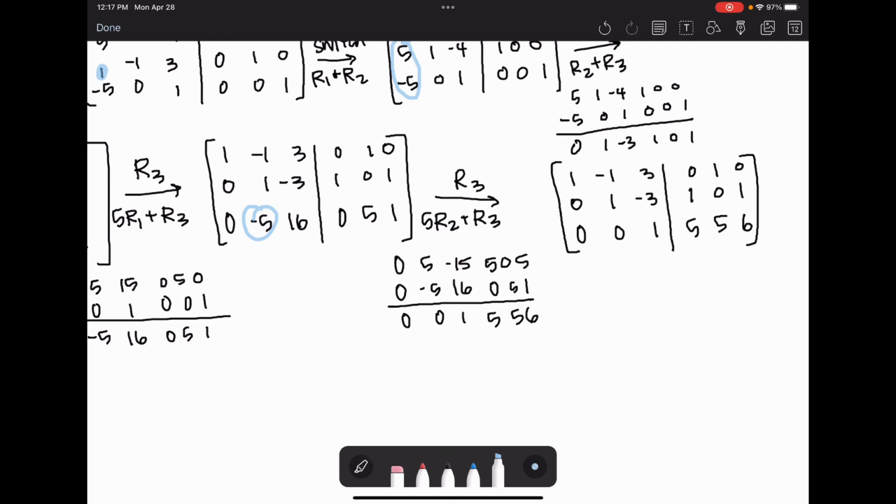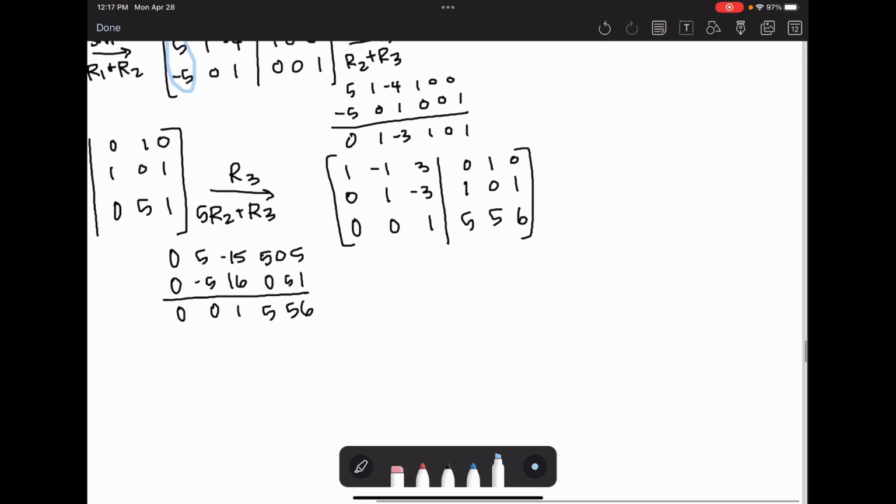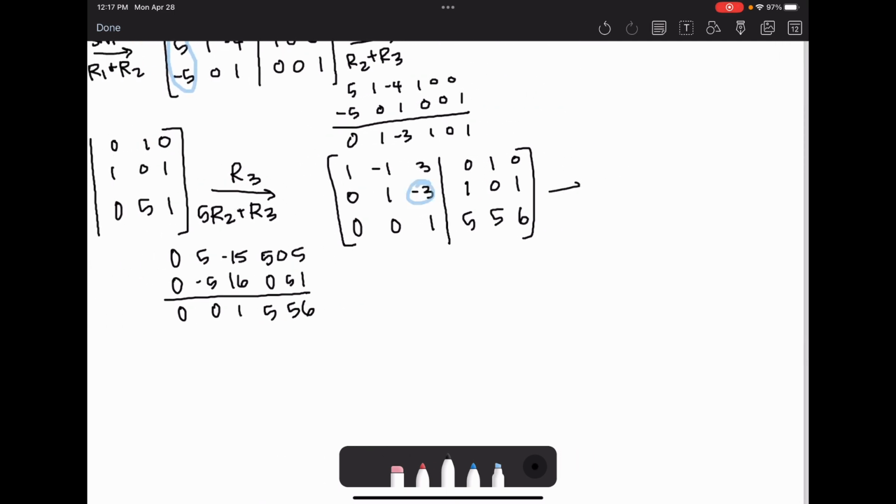The next nice one to do is this one. We want to make that -3 a 0. So we're going to change row 2 and we're going to do 3 row 3 plus row 2.